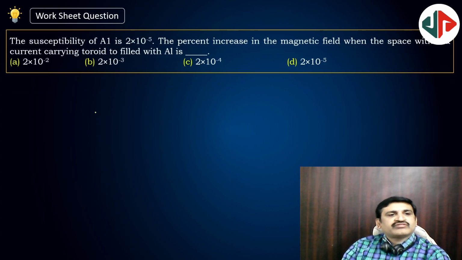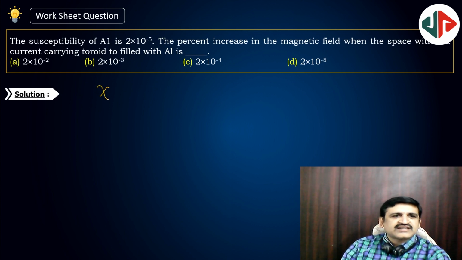The susceptibility chi is equal to 2 into 10 to the power of minus 5.